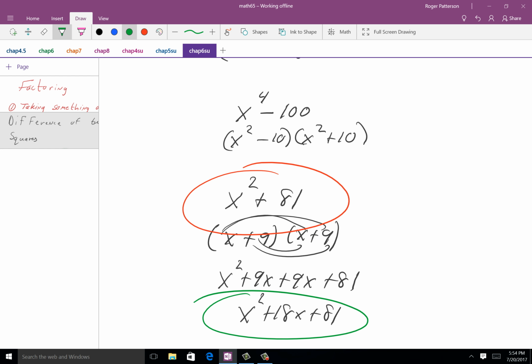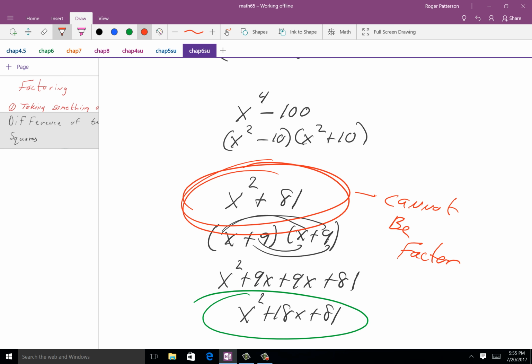So you have to really be careful that a difference of two squares means that has to be a difference. Okay? This one here, that cannot be factored. There's no way to factor that. Okay? So be careful of those.